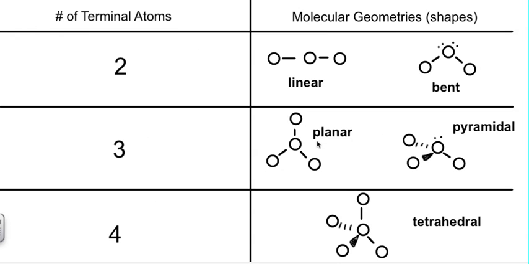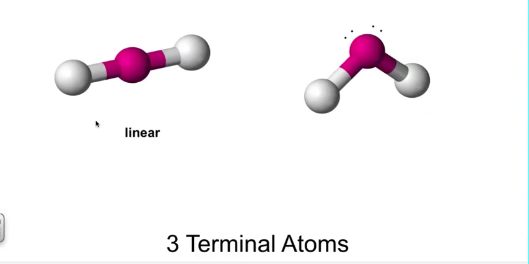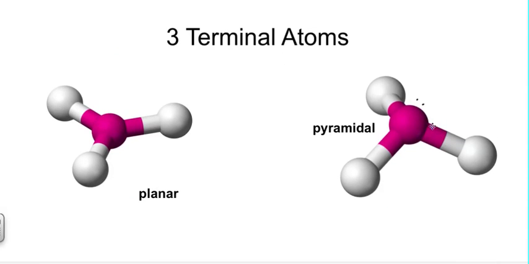The other example of molecular geometry with 3 terminal atoms is going to be pyramidal. Okay, and this one's a little bit tricky because now we're going to start to use our other notation. So this one has a lone pair of electrons up here, and the shape of this one is it actually looks like a pyramid. And so the way we draw this is we're going to have one bond that's in the plane of the paper right here, and that'll be a strong black line.